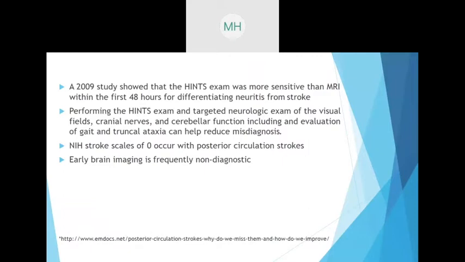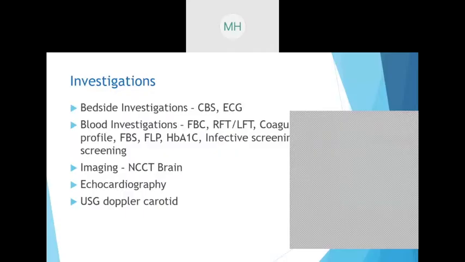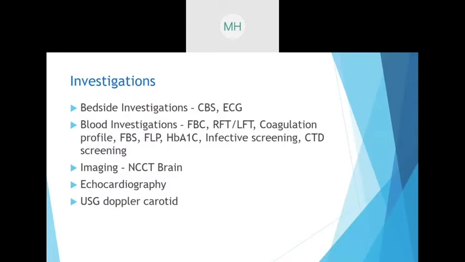What are the relevant investigations that you want to do? Of course, the bedside investigations: simple blood glucose and ECG, to rule out any arrhythmia, AF or atrial flutter, for example. Other blood investigations, as far as ED is concerned, is FBC. We want to rule out the presence of infections, and any evidence of thrombocytosis, polycythemia, thrombocytopenia.